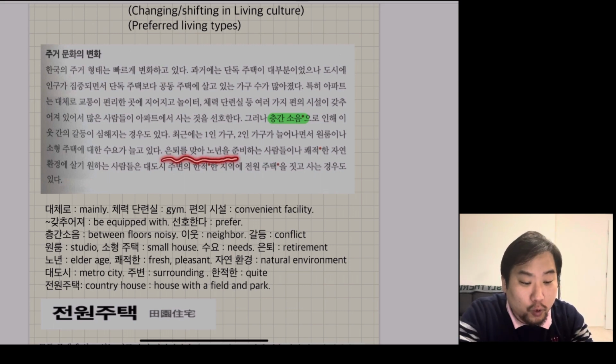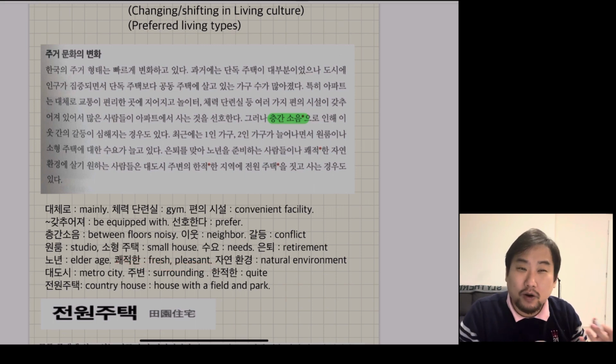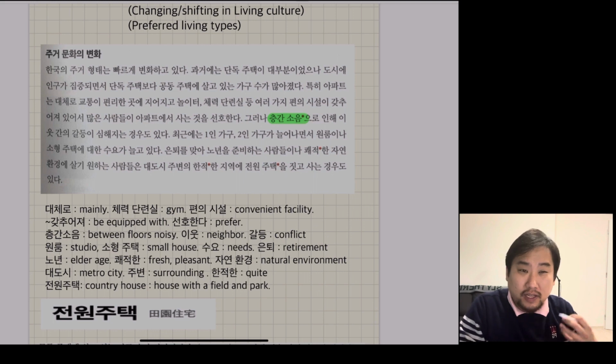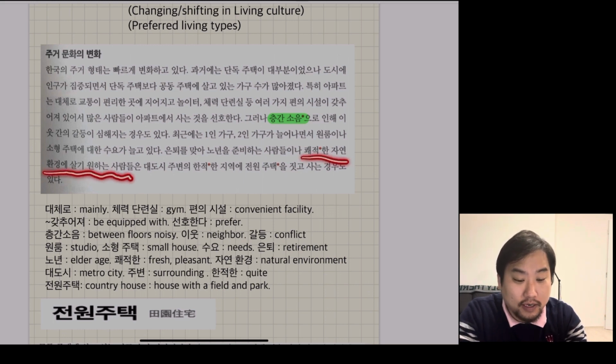은퇴를 맞아 노년을 준비하는 사람들. But the person who retire or prepare for the elderly life or 쾌적한 자연 환경. 쾌적한 is a pleasant, fresh. So 쾌적한 자연 환경. On the other hand, someone retire or prepare to retire or want living with the nature. 쾌적한 자연 환경에 살기를 원하는 사람들은 대도시 주변.